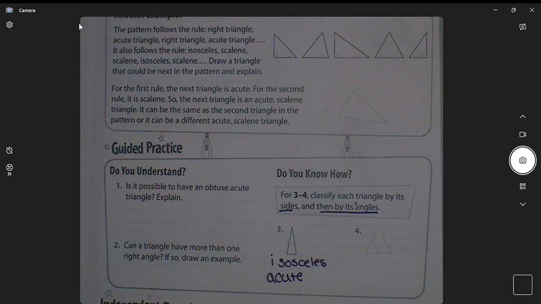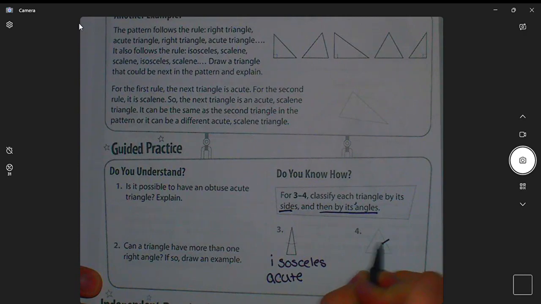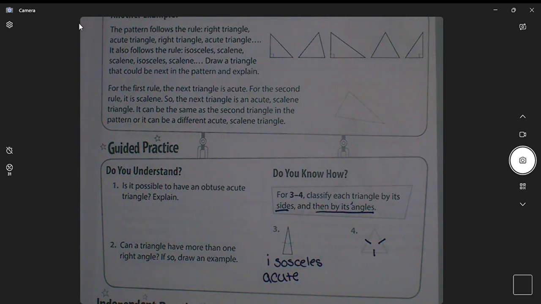Number 4. Oh, hey, you can't really see it too well, but it's giving me 3 dash marks. What do those dashes mean again? Yeah, that they're equal, right? So if I have 3 of the same side, is it going to be obtuse or equilateral? Yeah, you're so right. It's equilateral.